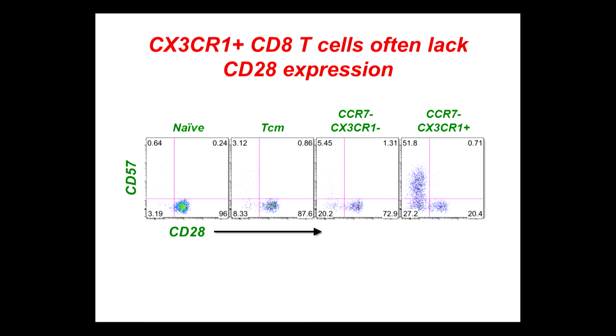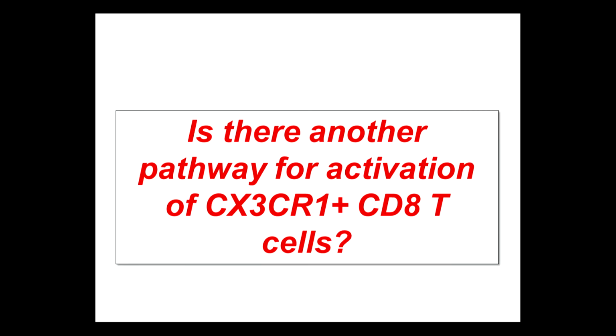In fact, the more differentiated they are, the more senescent they are, the lower the likelihood that they're going to be expressing CD28. So if they're not going to respond very well to T-cell receptor stimulation because they're, quote, anergic, CD28 negative, is there another pathway? Well, maybe there is, and we decided to explore the CD2 LFA3 axis, and here's why.